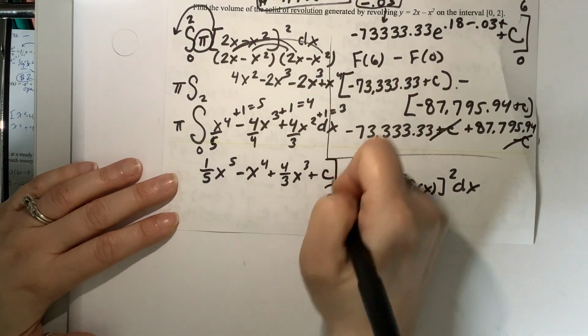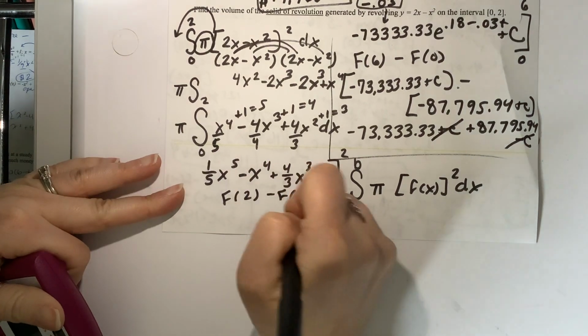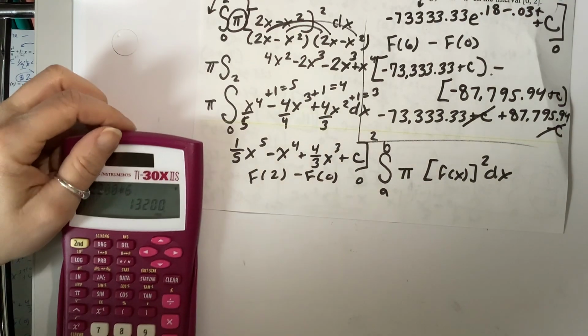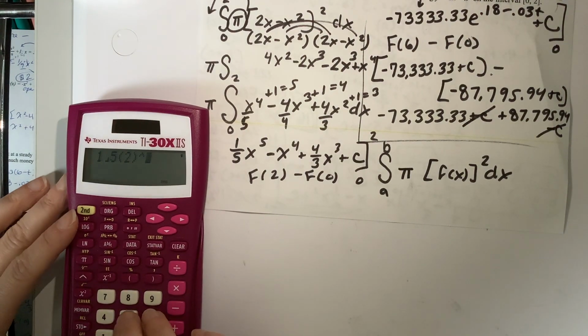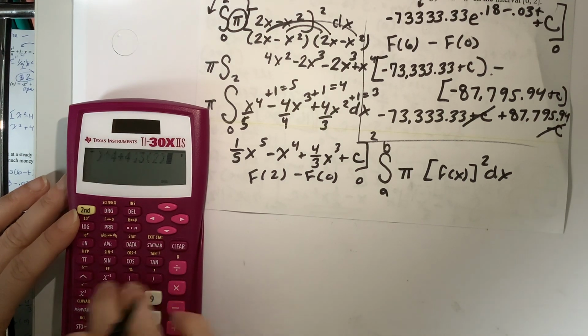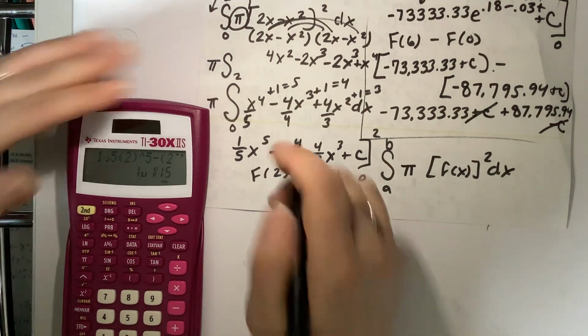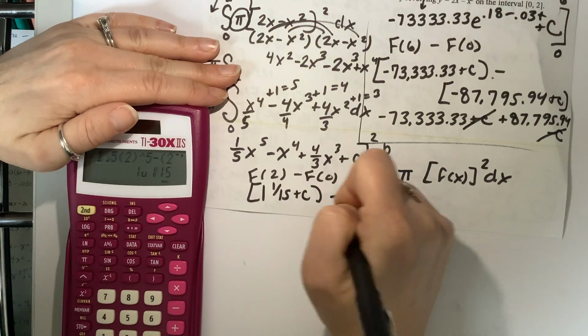We are going from 0 to 2. So f of 2 minus f of 0. Plug it in. 1/5 times 2 to the power of 5 minus 2 to the power of 4 plus 4/3 times 2 to the power of 3. I ended up with 1 and 1/15 plus c.